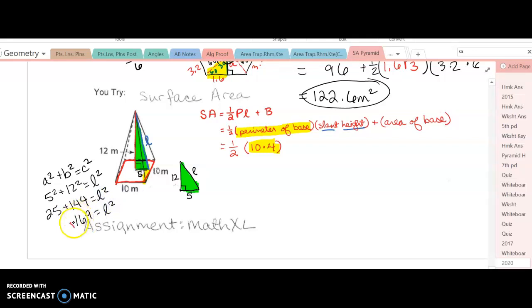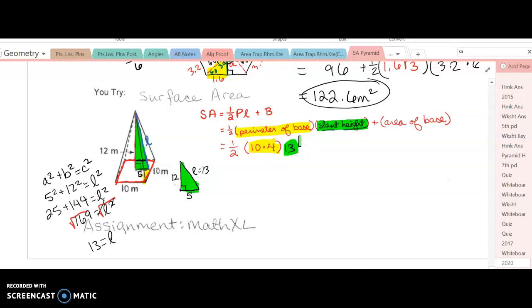And then we take the square root of both sides to figure out that L is 13, right? And maybe you knew that. Maybe you knew this triple, that this is a 5, 12, 13. So we just figured out our slant height, our L. Oops, I don't need to put L. Let's put 13.